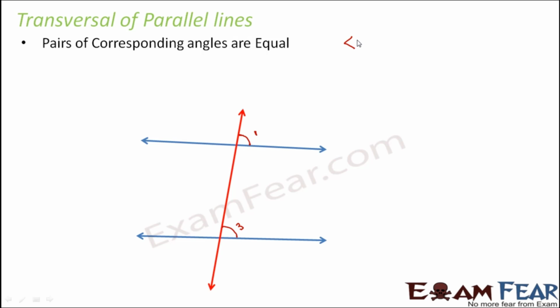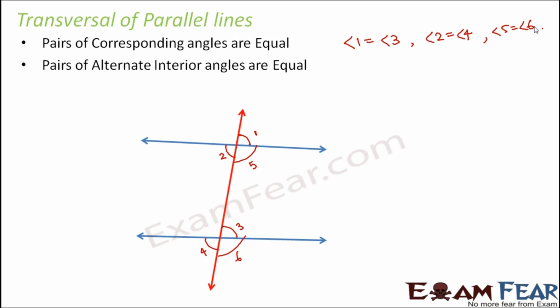So as per this relation, angle 1 is equal to angle 3. Similarly, let's say that this is angle 2 and this is angle 4. So angle 2 and angle 4 are also corresponding angles. So angle 2 is equal to angle 4. Similarly, if this is angle 5 and this is angle 6, 5 and 6 being corresponding angles, angle 5 is equal to angle 6. So a pair of corresponding angles are always equal.